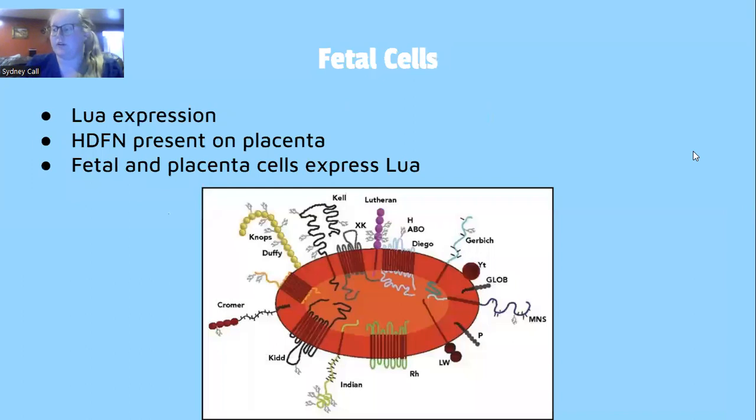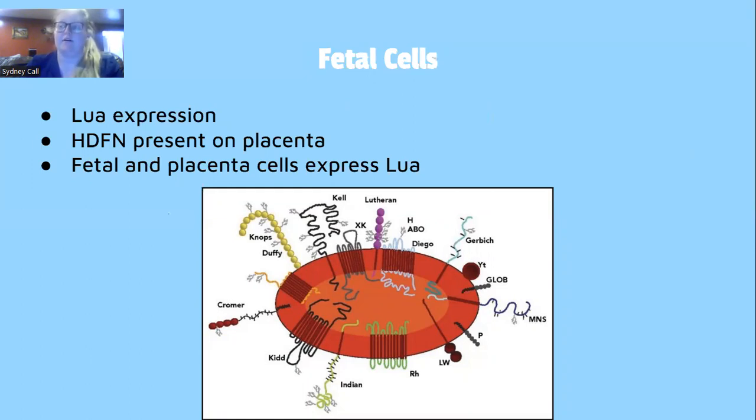So let's go along to the fetal cell expression. LUA is expressed on the fetal cells and also on the placenta cells, and that will prevent any antibody transfer to the fetus. So there's no visible impact on the pregnancy. With respect to hemolytic disease of the fetus and newborn, LUA is often present on the placental tissues.